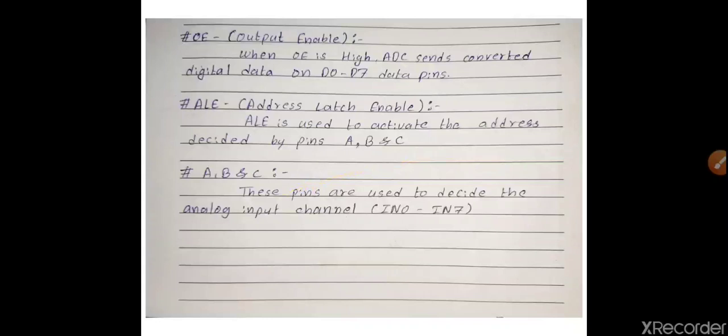So next we are going to see how these pins A, B and C select one channel from IN0 to IN7, that is analog input channels.